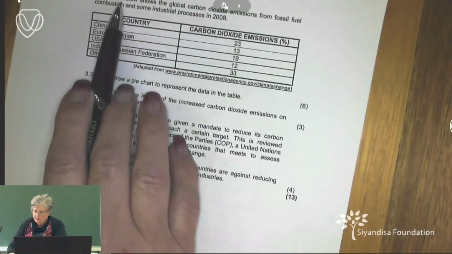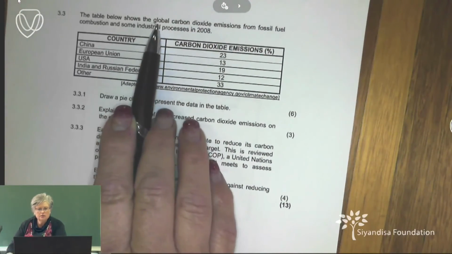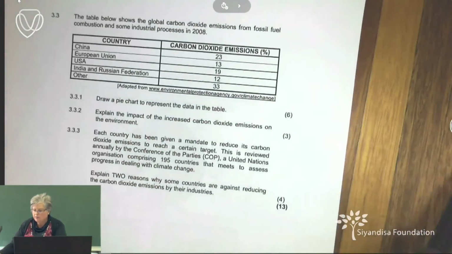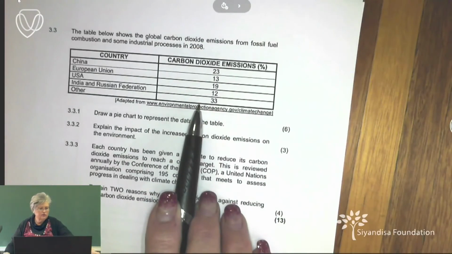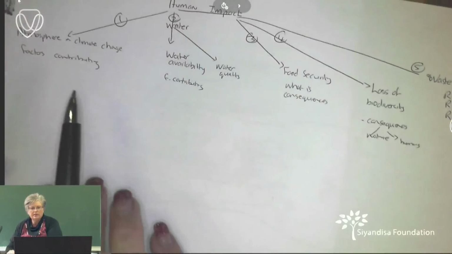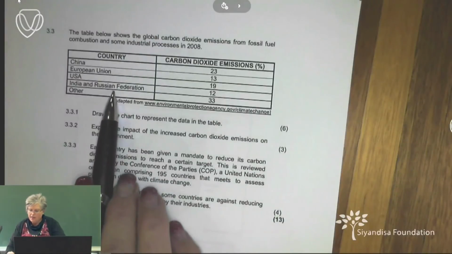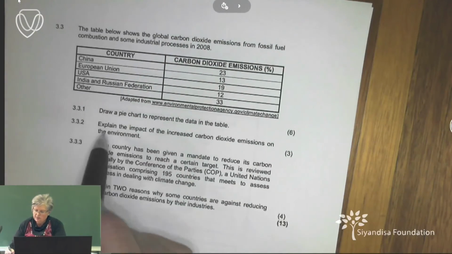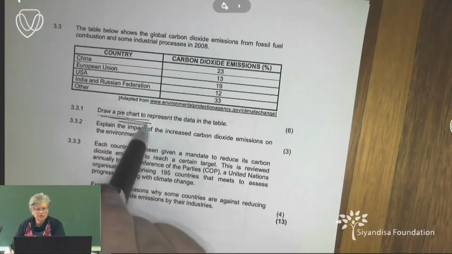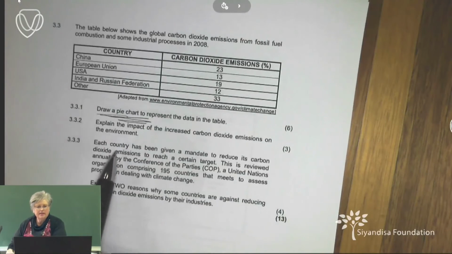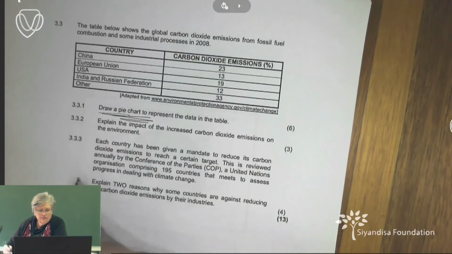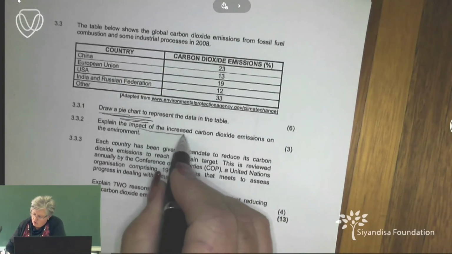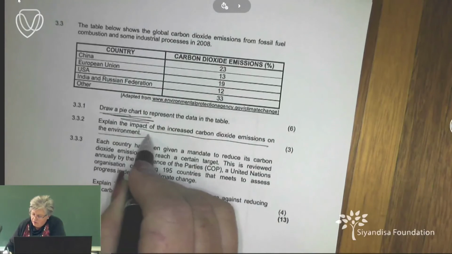Another question, the table below shows carbon dioxide emissions, so this has to do with atmosphere and climate change. So it says, draw a pie chart. Again, you can see the chart that you must draw. Explain the impact of increased carbon dioxide on the environment.